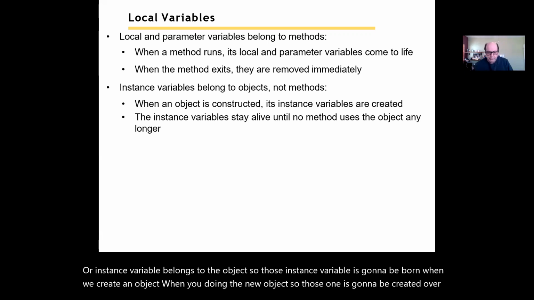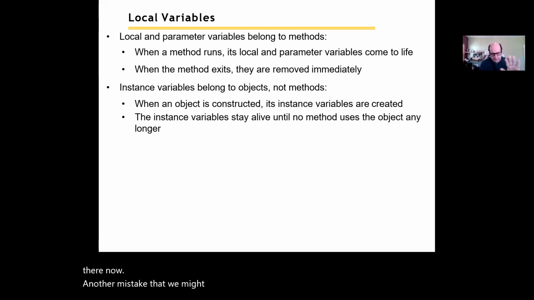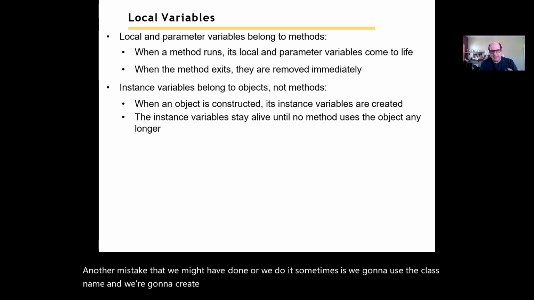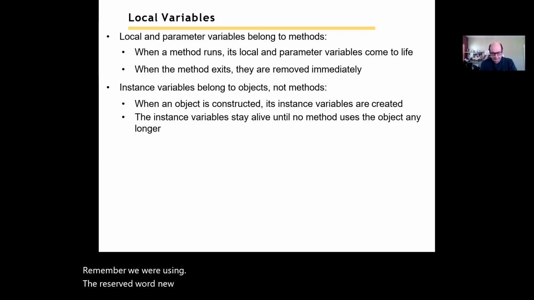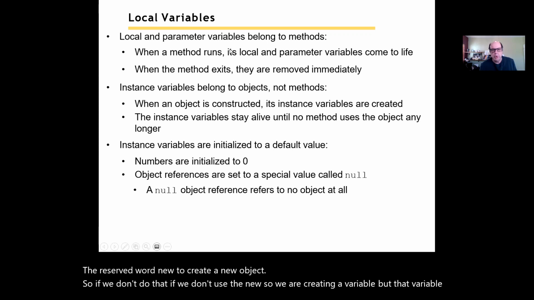Now, another mistake that we sometimes make is using the class name to create a variable for that class, but we don't use the new. Remember, we use the reserved word new to create a new object. If we don't use the new, we are creating a variable, but that variable is pointing to null.